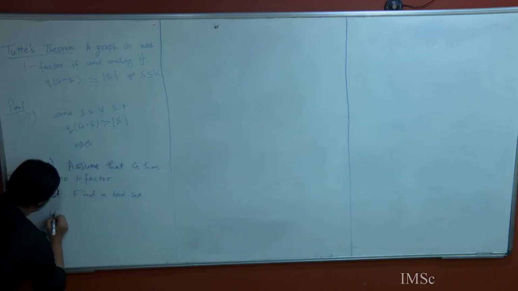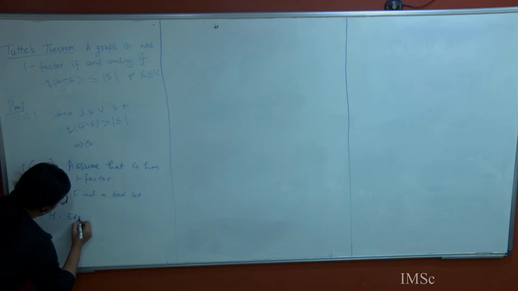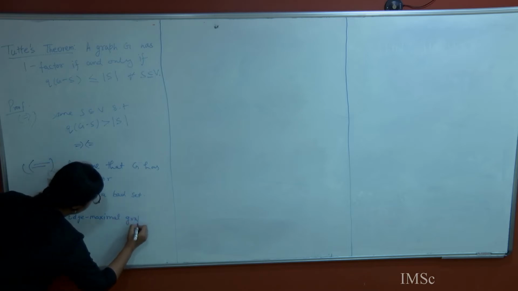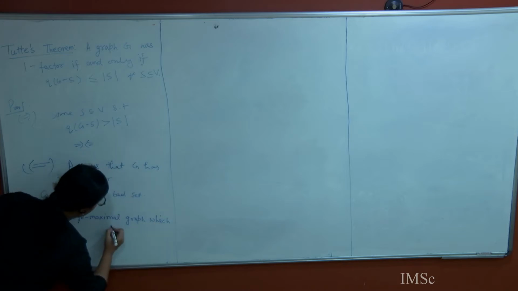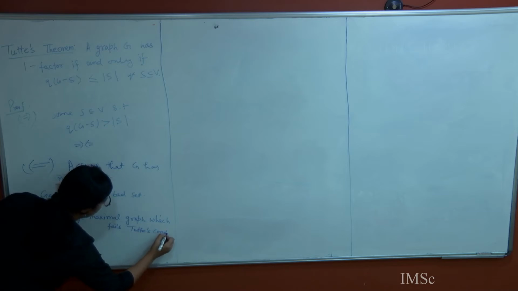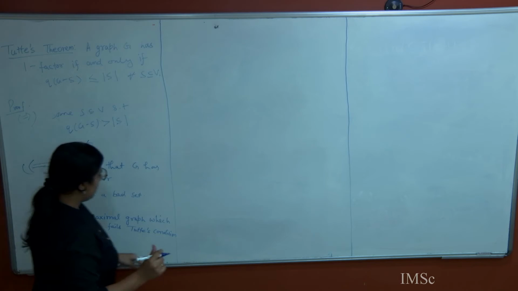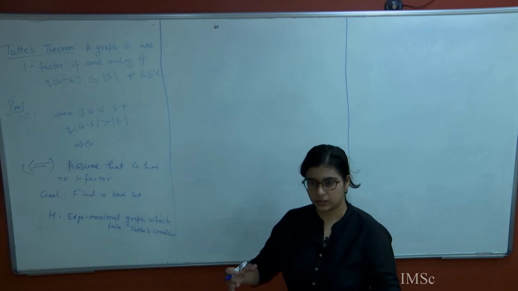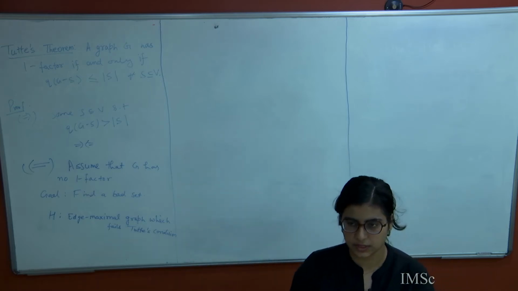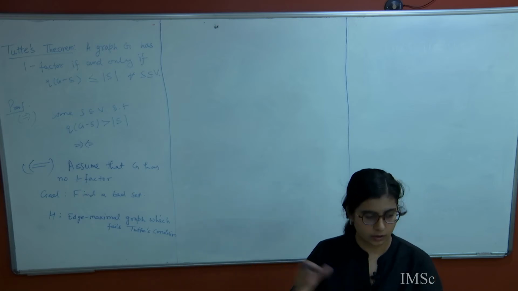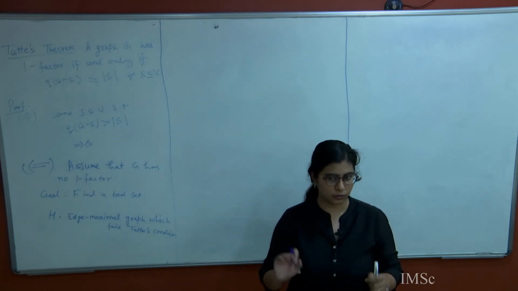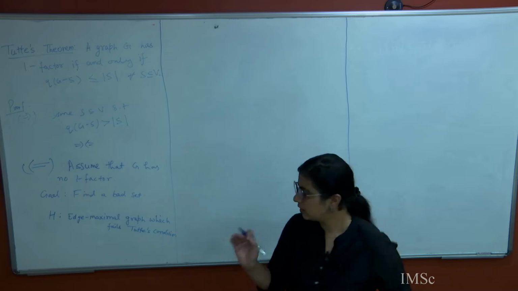Say H is an edge maximal graph which fails Tutte's condition. This means that if I add one more edge into this H, then there will be a one factor, and every subset of the vertex set satisfies Tutte's condition. So that is H.